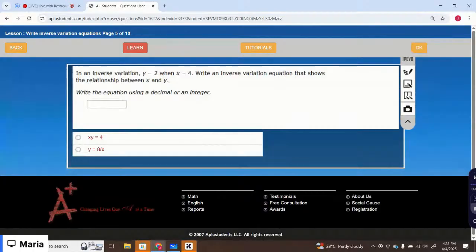So that is y equals 8 over x. Option number 2 is the correct option. That is either xy equals 8 or y equals 8 over x.